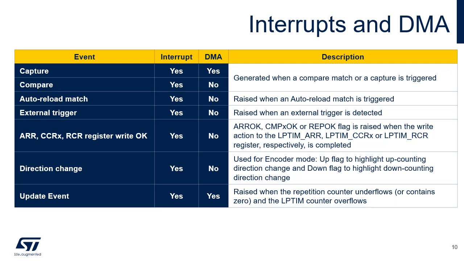The external trigger event interrupt is raised when a valid external trigger is detected. The auto-reload register write OK, the compare register write OK, and the repetition register write OK interrupts are raised when the transfer of the contents of the LPTIM ARR register, the LPTIM CCRx register, or the LPTIM RCR register, respectively, is completed from the peripheral's APB interface logic into the peripheral's core logic, which are contained in 2 different clock domains.